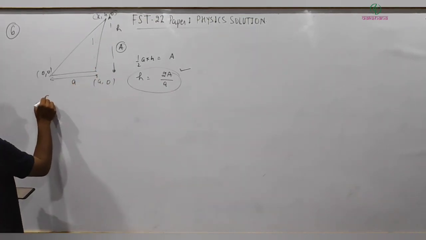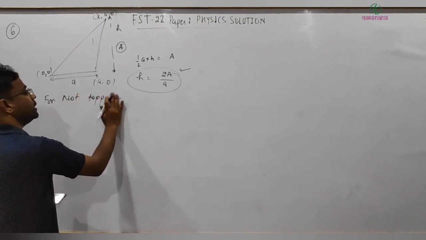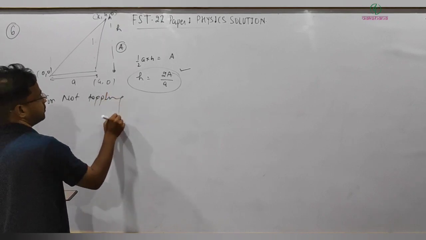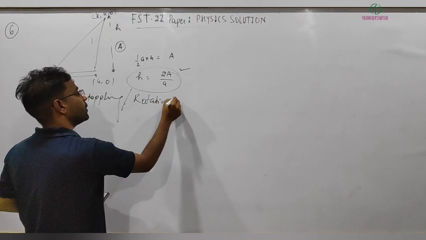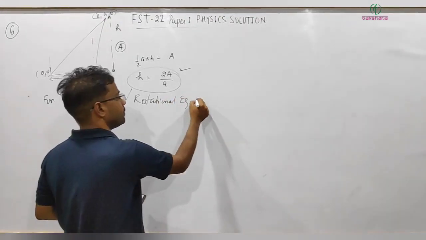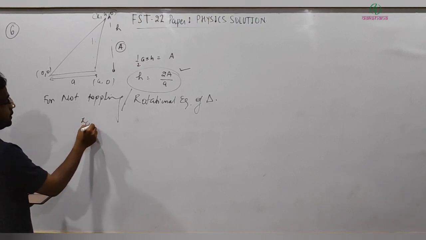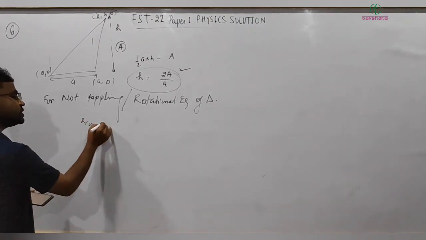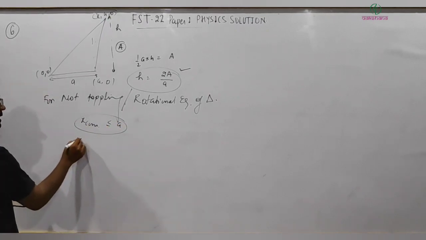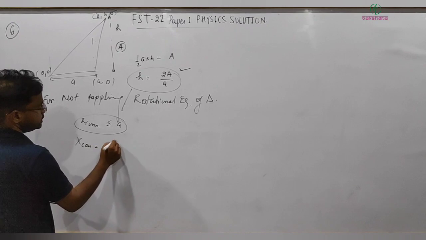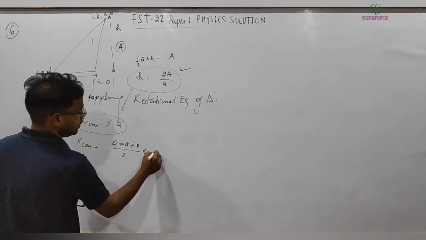So for not toppling, or I will write rotational equilibrium of triangle, the x of center of mass must be less than or equal to a.